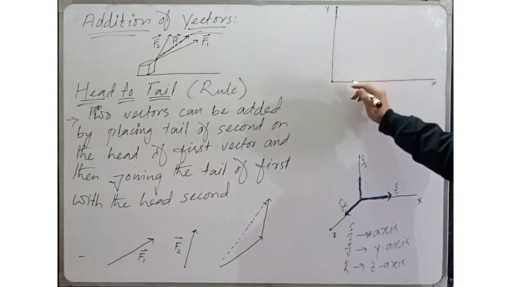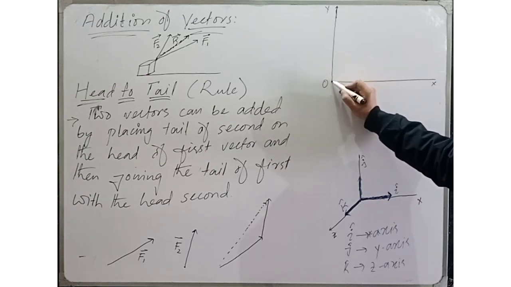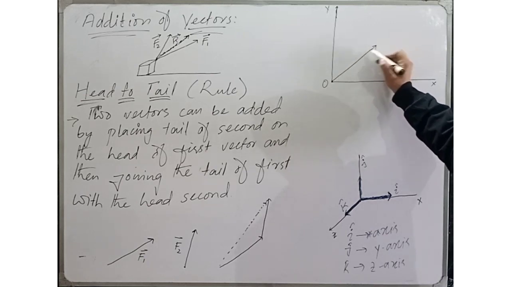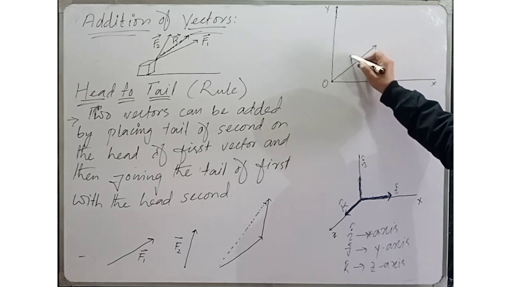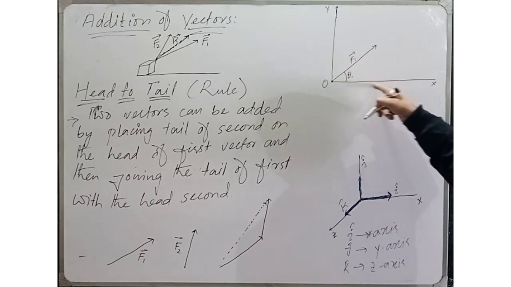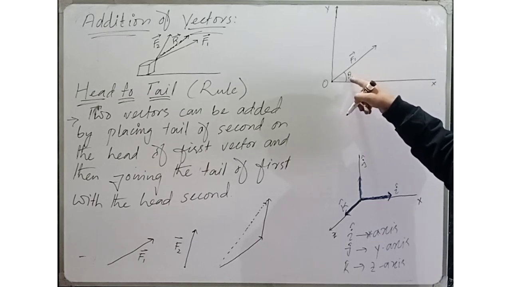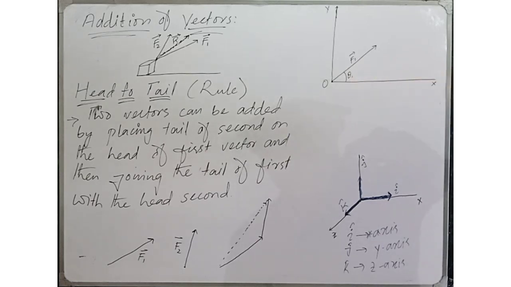This is, let's say, the origin, so the first vector must start from the origin. Let us draw F1, making a certain angle theta with the x-axis.